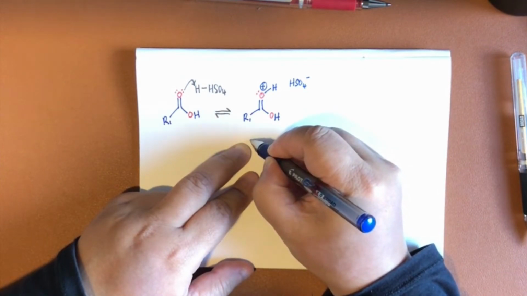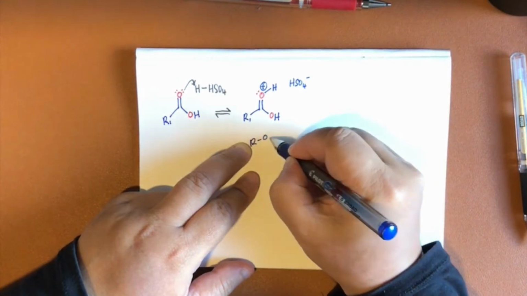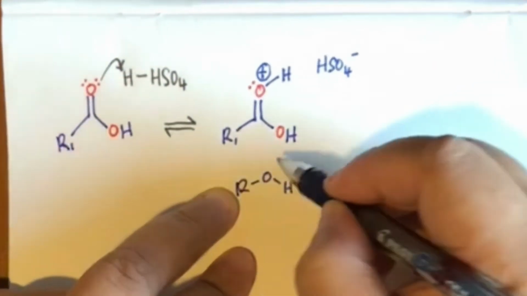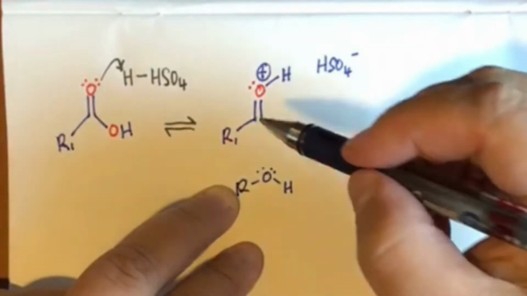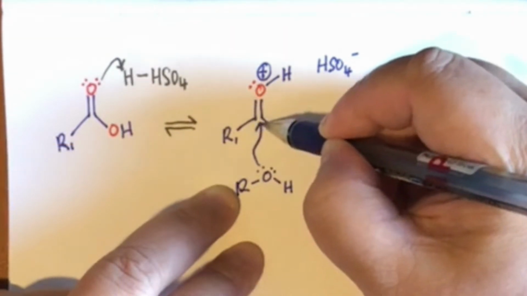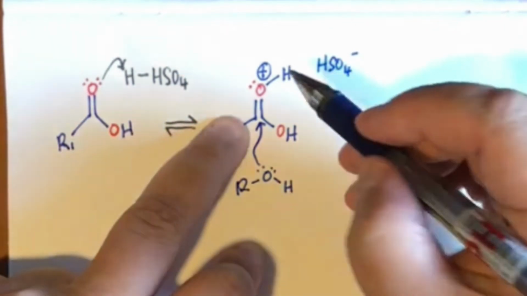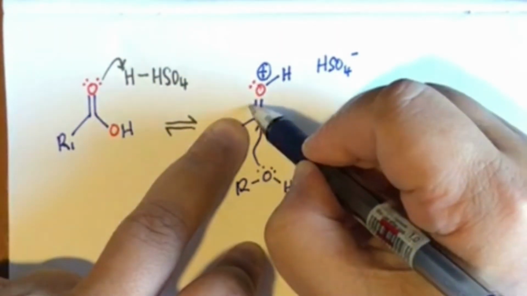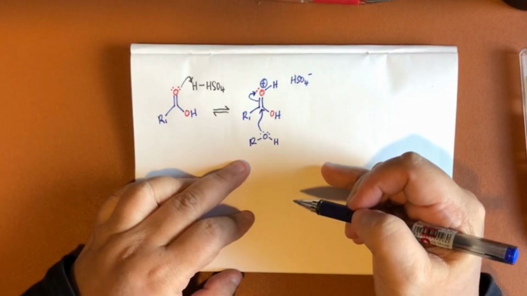So if I have R, O, H, and on the oxygen there are two lone pairs, that lone pair can then attack the carbon there, which is an electrophile, and then this goes in there.